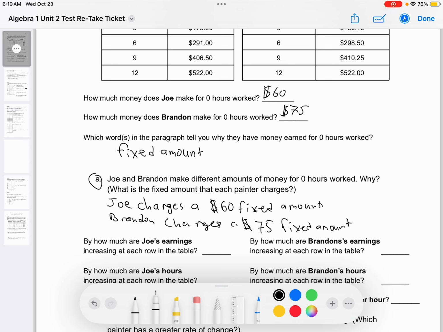Okay, so that is the answer to question A.